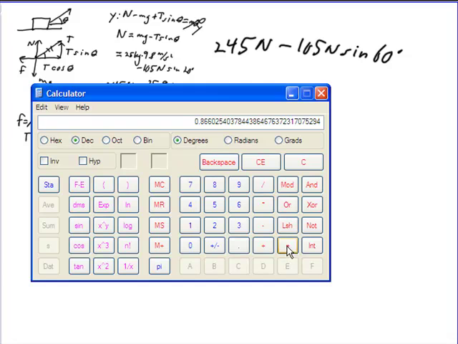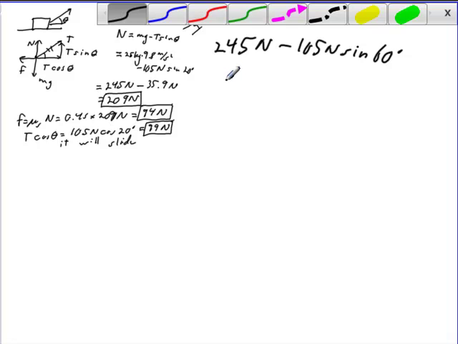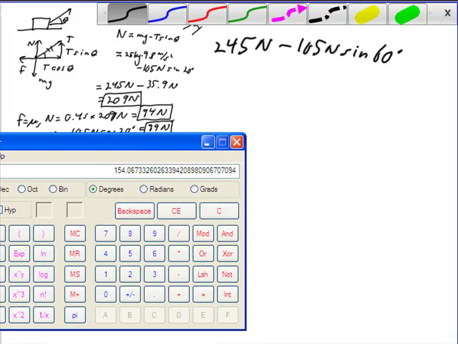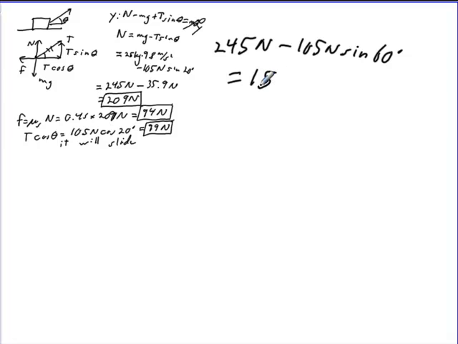Oh, I'm going blind. That is my equal sign. Okay, so that's 90 negative, and add that to the 245. So in this case, my normal force is only 154 newtons. That's my normal force.